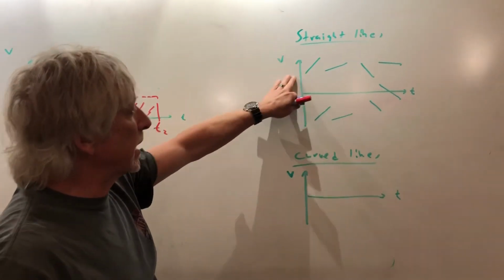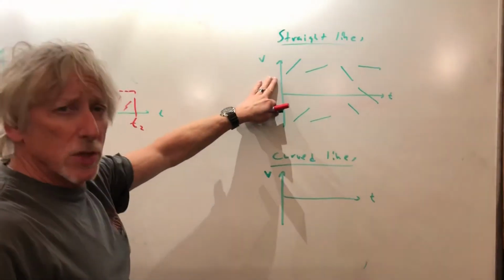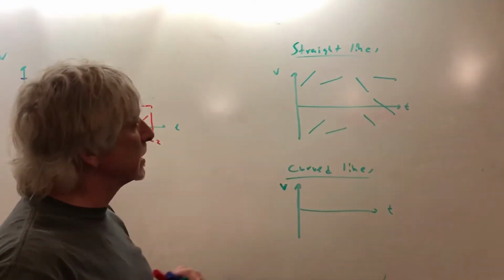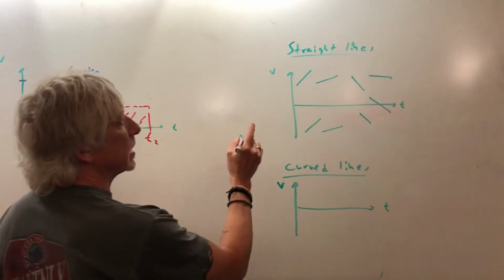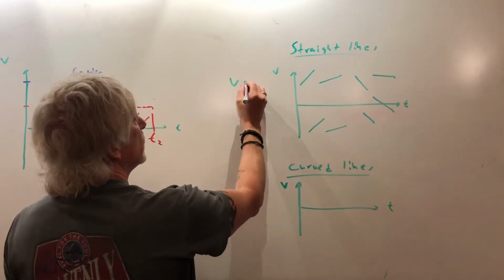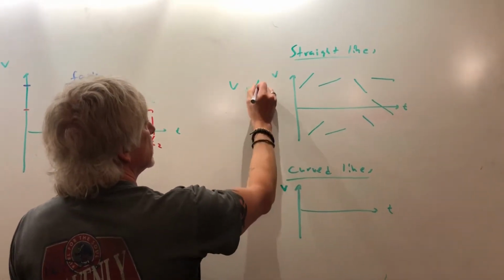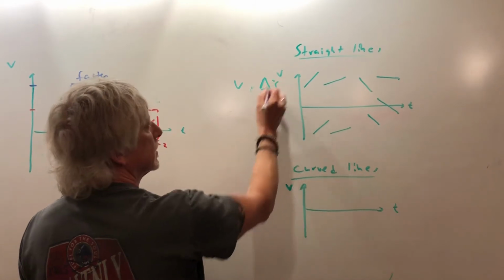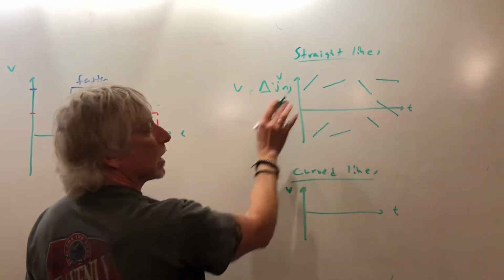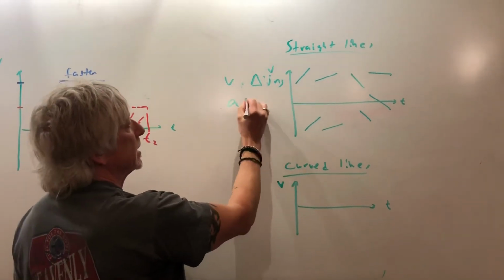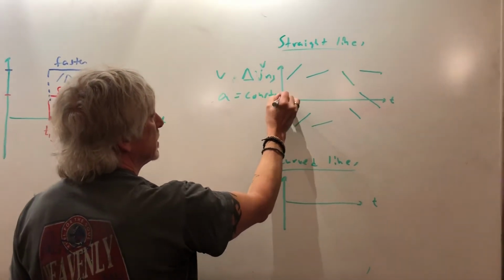You see here that that means that the velocity is changing. So this tells me that V changes at a constant rate, which says A is equal to a constant.